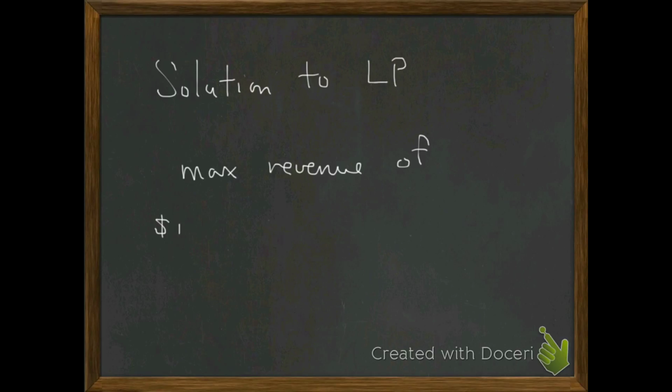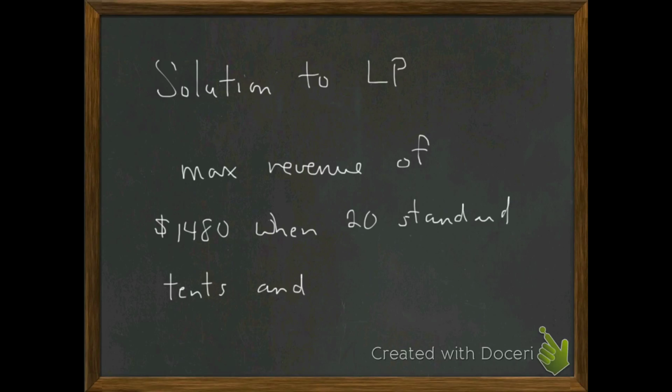So the solution to our LP problem is we get a maximum revenue of 1480 when 20 standard tenths and 6 expedition tenths are produced.